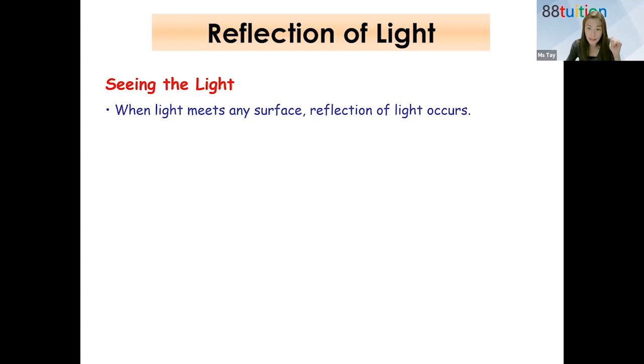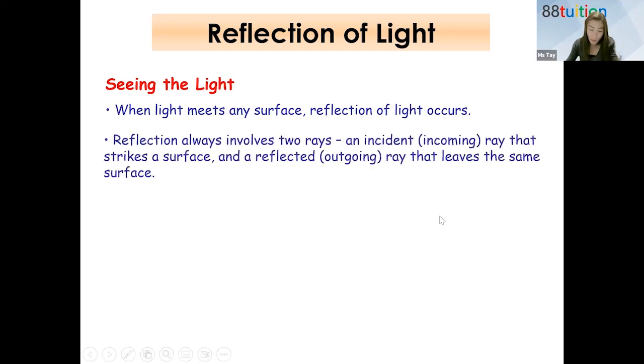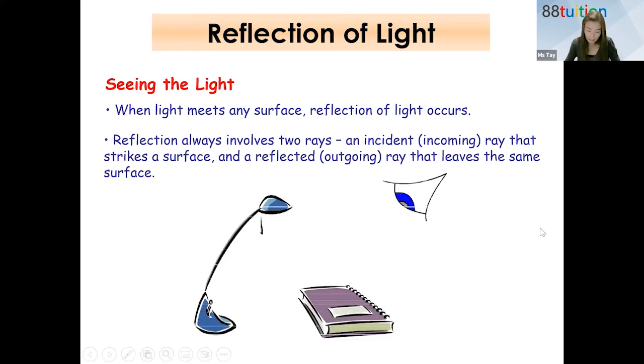It always involves 2 rays. In primary school, you don't learn the rays. You just know that you draw lines to show how light travels. But now you need to learn this. You have the incident ray that is coming in. It hits the surface and then gets reflected, and that reflected ray goes into our eyes. That's how we can see things.